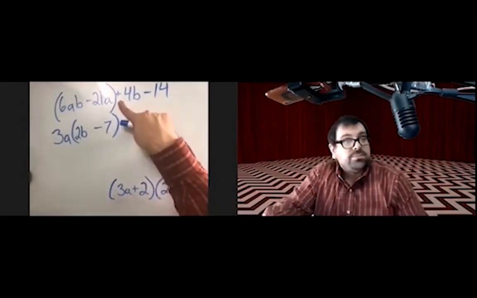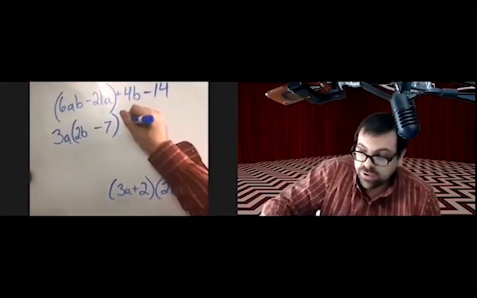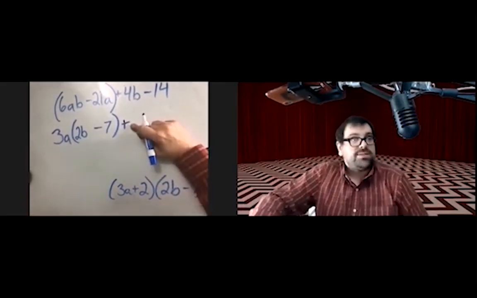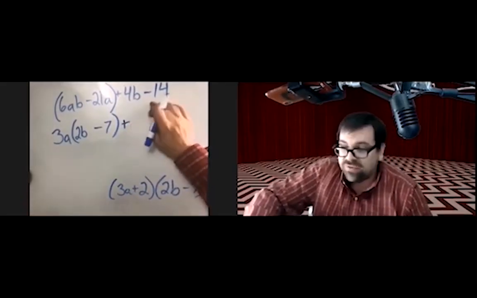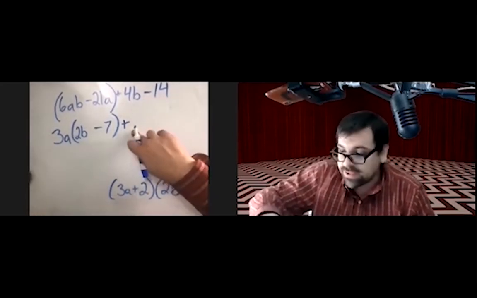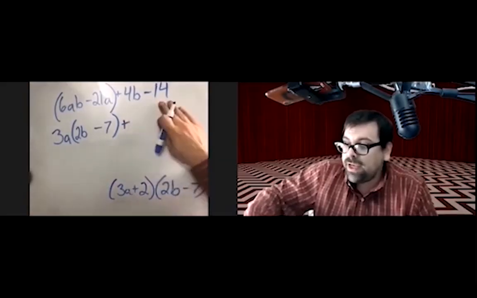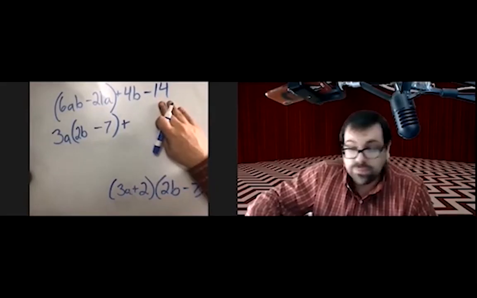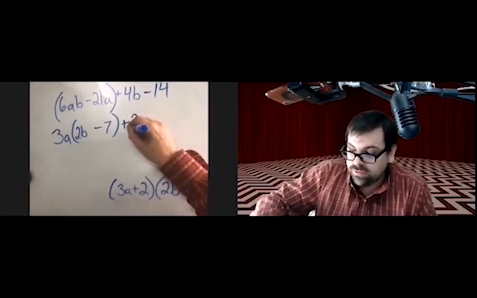Whatever comes next, plus or minus, we have to put that sign here. Since this is a plus, we have a plus. Whatever we factor out has to be positive because of that plus. 4b and 14 have a greatest common factor of 2. No variable, just 2.